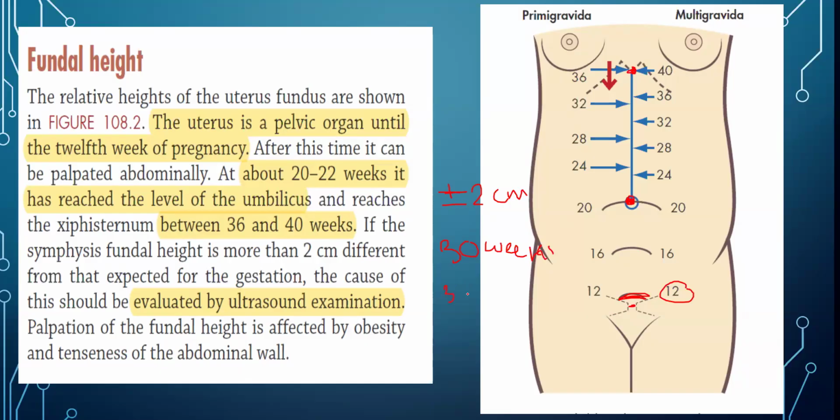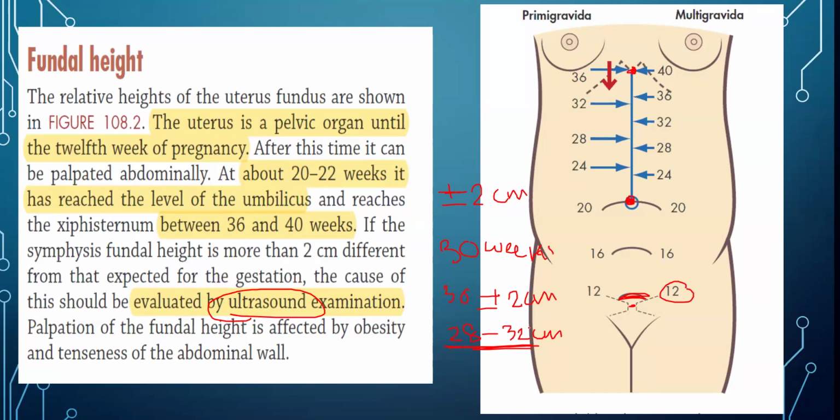Their symphysiofundal height should be 30 plus or minus 2 centimeters, so it means 28 to 32 centimeters. If it is less than 28 centimeters or more than 32 centimeters, both are abnormal. In that case, you need to send the patient for an ultrasound.